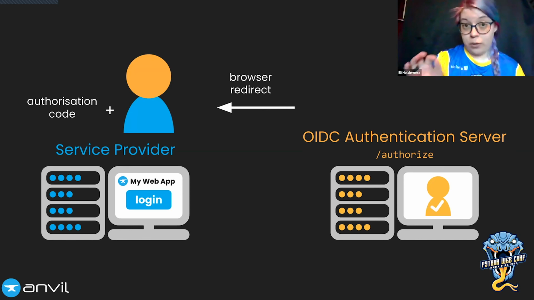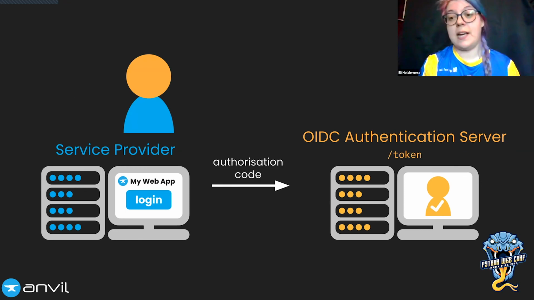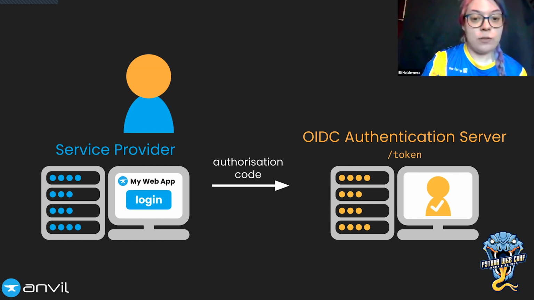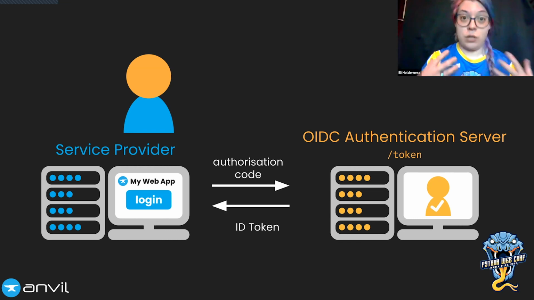Now, this is not the token of proof of identity. What the service provider does with this is it directly communicates with the authentication server at a different endpoint and says, I was given this authorization code. Can you give me the token of proof of this user having logged in? And the server will do that. It will send back an ID token.